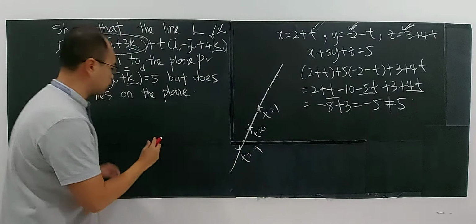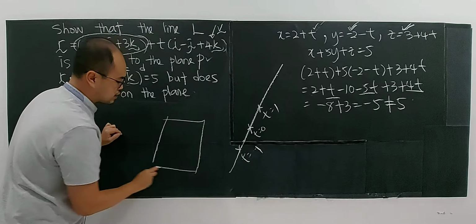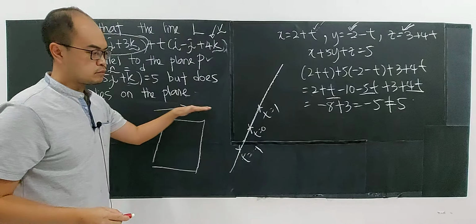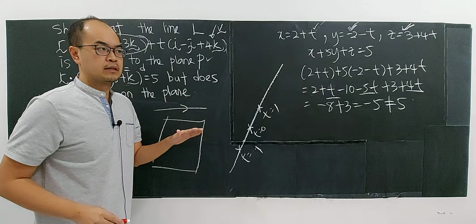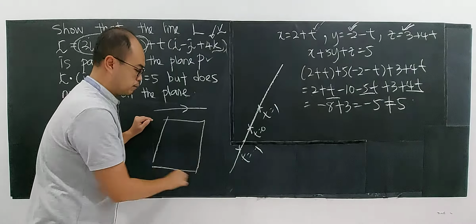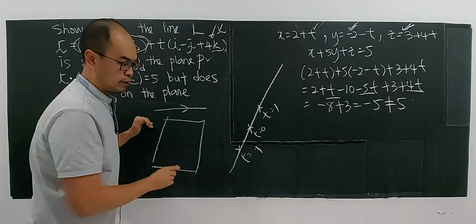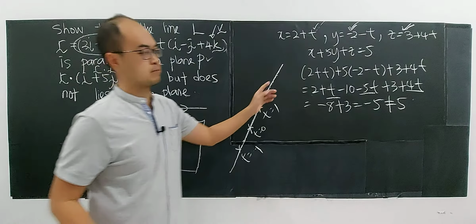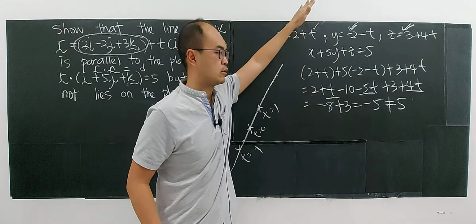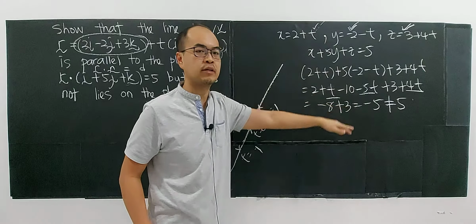None of the points is on the plane. This is another way of showing that the line is parallel to the plane. This is quite tricky here, right? This line is not on the plane. This line is not on the plane at all. But I have proved it's parallel. Why? Through this short working, I can know that it's parallel.